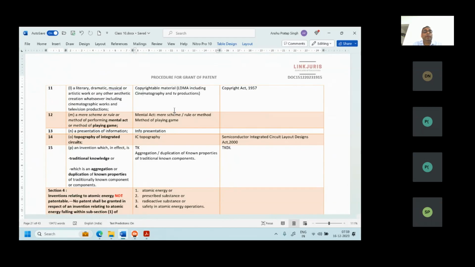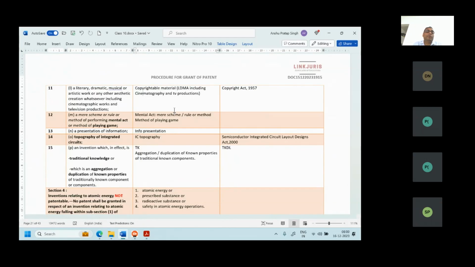Then comes a mere scheme or rule or method of performing a mental act or method of playing a game, which will not be considered patentable subject matter. If you are presenting information, the way you are presenting it, the presentation of information, cannot be a patentable subject matter.